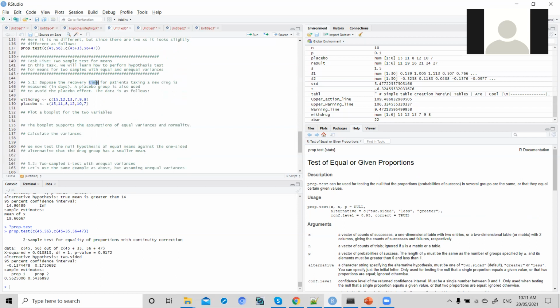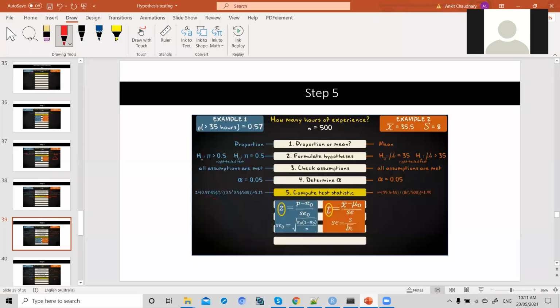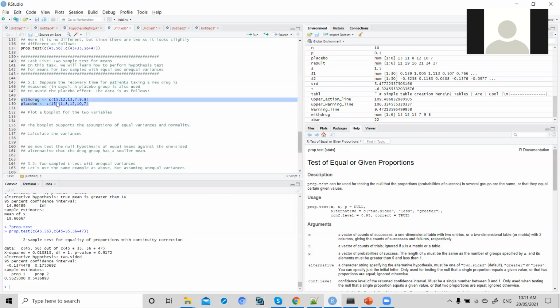Suppose the recovery time for taking a new drug is measured in days, and a placebo group is also used to avoid the placebo effect. And we have this data here. So this is a two sample mean test we are doing. Here we have two sample data: one sample is for the drug, another sample is for the placebo.